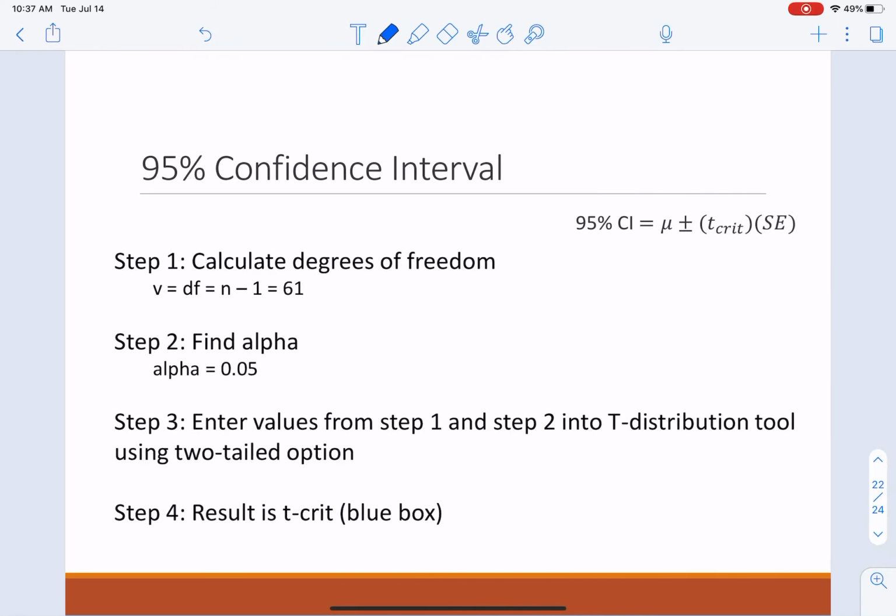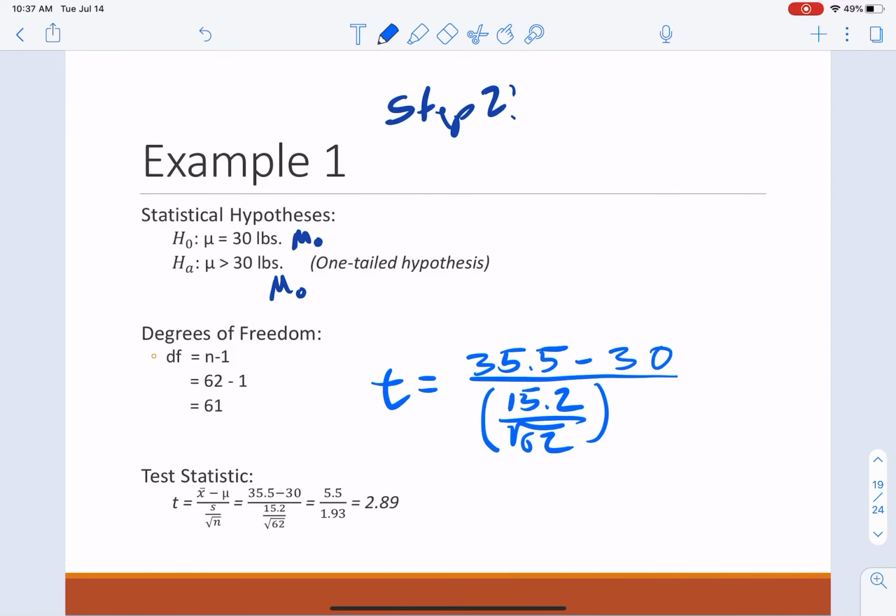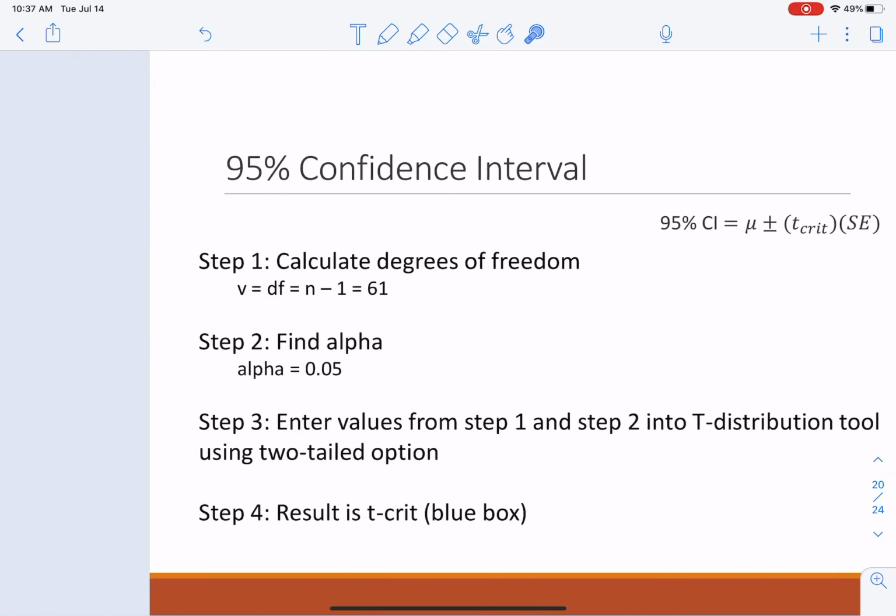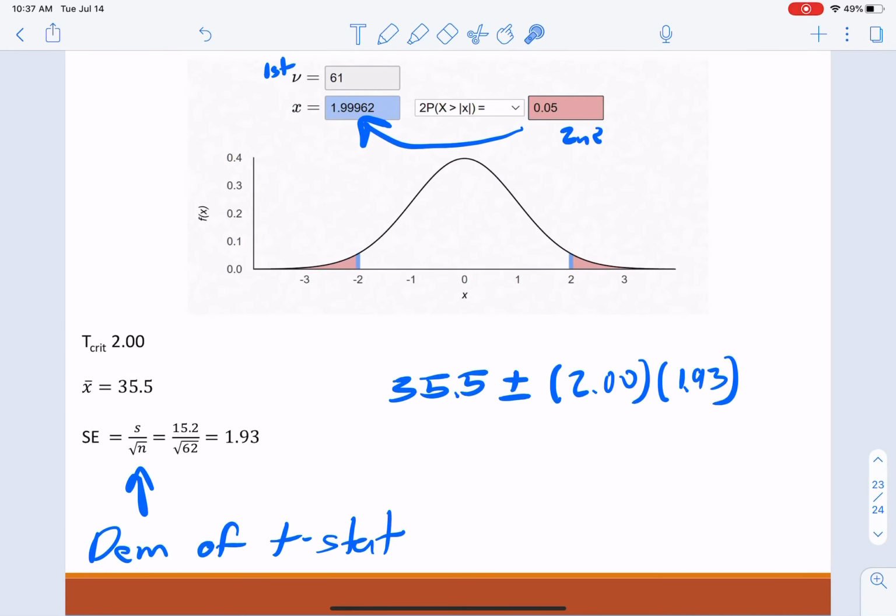So if you already calculated your t-statistic, which you did, notice that it's the same thing. 15.2 divided by the square root of 62. Easy peasy, right? That turns out to be 1.93. And then you just got to do a little bit of arithmetic there, and then you get a range.